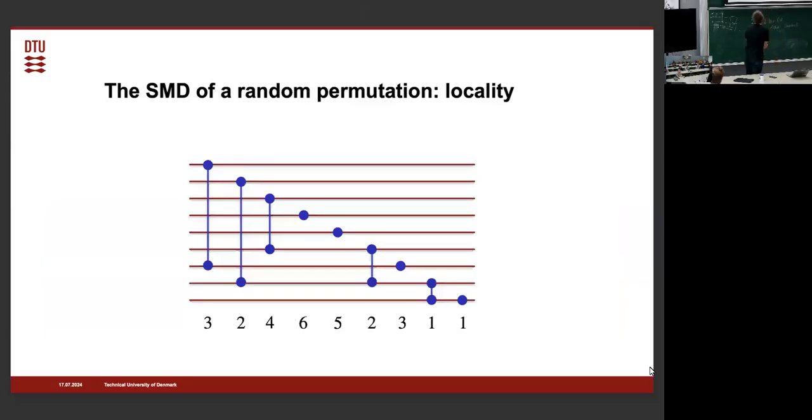Here is a wire diagram of the strictly monotone decomposition of some permutation. These blue lines represent the transpositions. Let's have a look at the computation on some inputs.